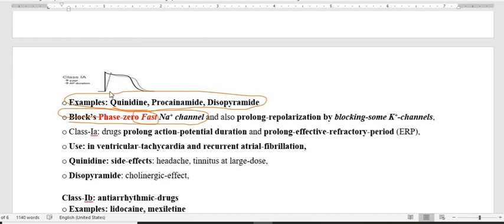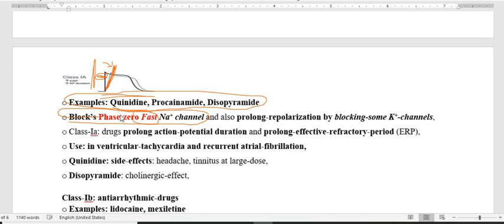Here is the time axis and here is the millivolt axis. When depolarization is delayed because of sodium channel blocking, the rate of depolarization is slowed, and the resultant depolarization comes here.